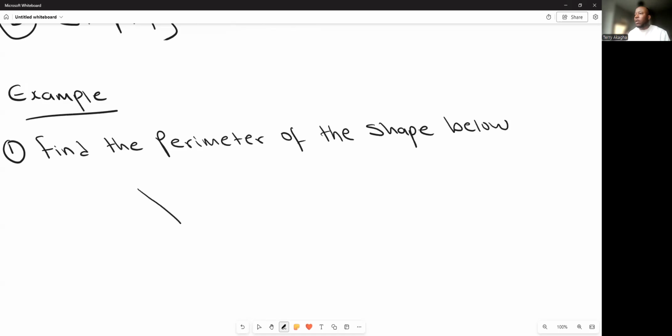So we have something like this, and like this, okay? We're told that this was 10 centimeters, and this was 120 degrees, okay?